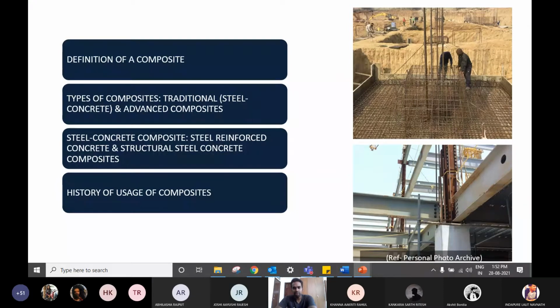So that is traditional steel concrete composites, and there are advanced composites. Okay, advanced composites like the carbon fiber reinforced polymers that we saw. Again, there's carbon fiber and there is a resin phase. Resin is the polymer we have, and it is reinforced with carbon fiber.